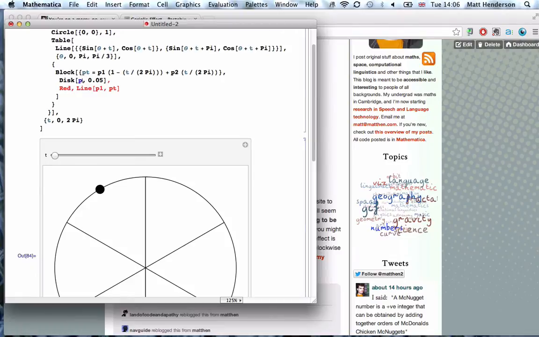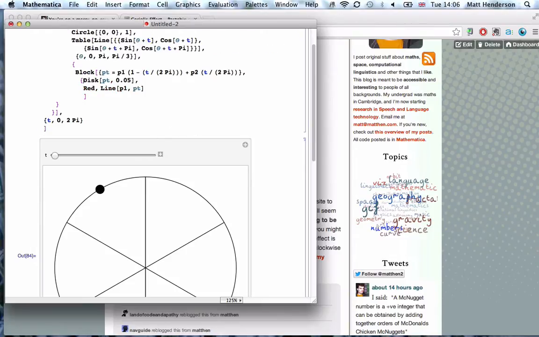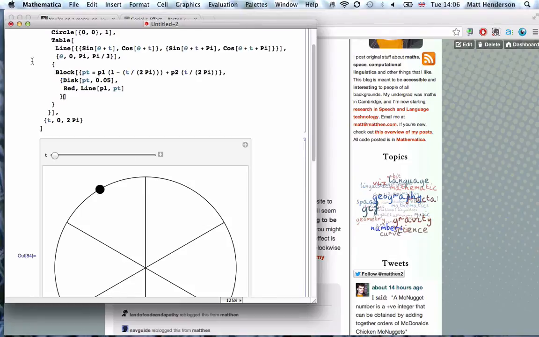Disk is at PT, and PT equals this disk. Oh yeah, I need to put this in here now.